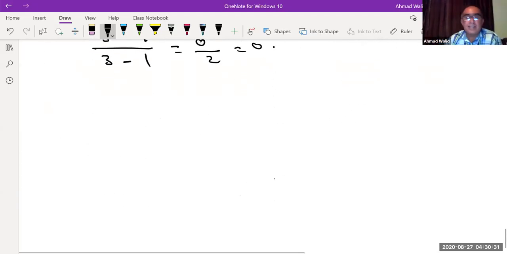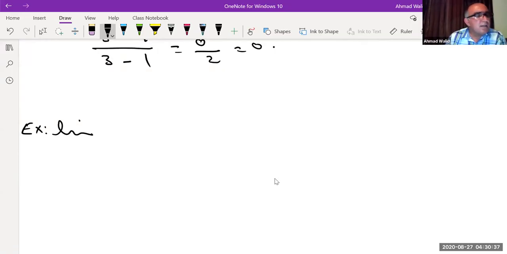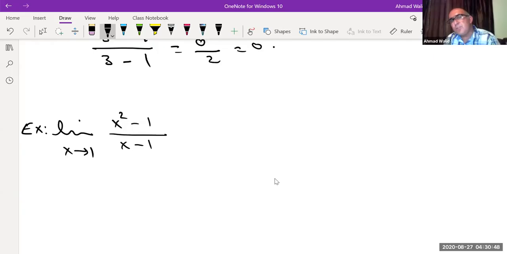For example, look at this example. Another example. The limit of x squared minus 1 over x minus 1 as x approaches 1. Can I use direct substitution here? Let's see first the domain.